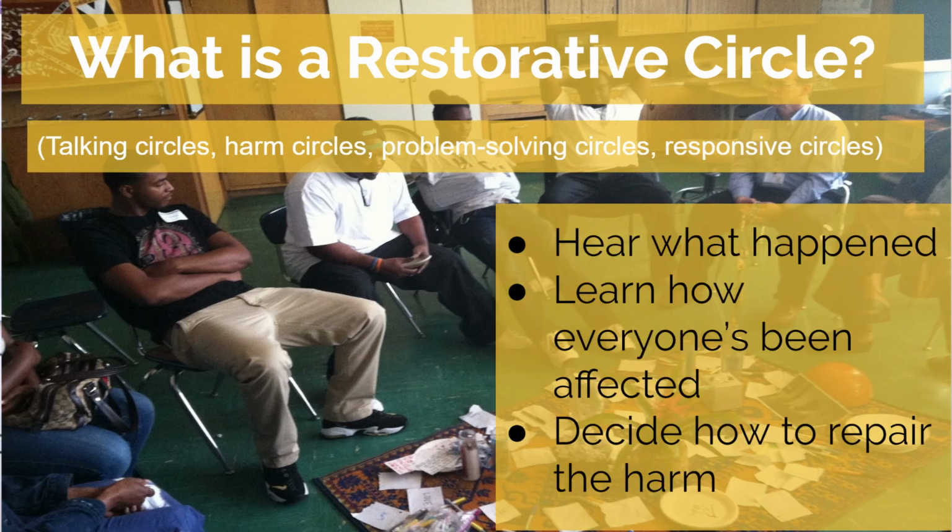In circles, you hear what happened, you learn how everyone's been affected, and you decide how to repair the harm. Interestingly enough, research done by RJOY, Restorative Justice for Oakland Youth, found that with circles, they saw a 60% reduction in suspensions and a 97% compliance rate for following through on the agreements made in the circle.